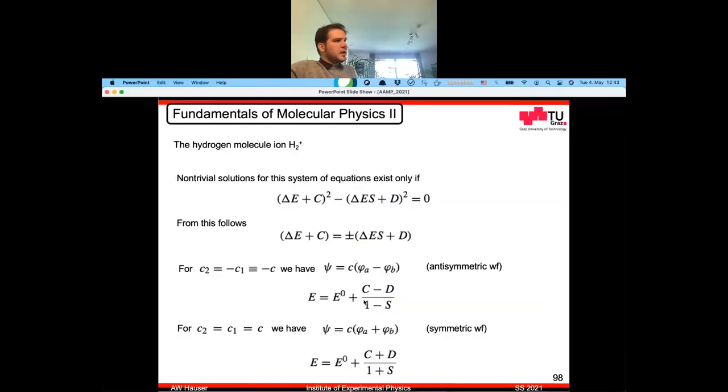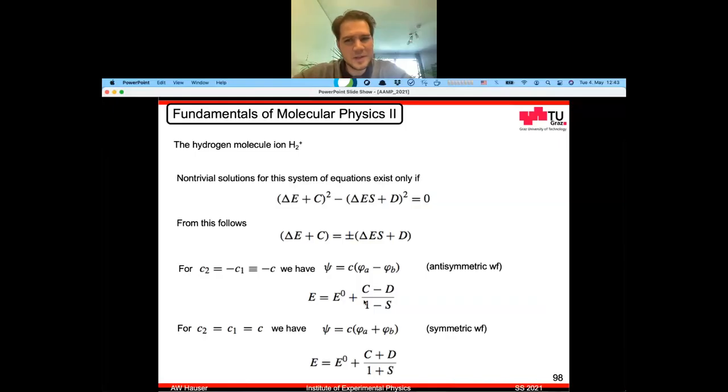So if you look at the wave function in space and you look at the value of the wave function as a function of position in space along the internuclear axis, then you see one of them looks like this. This would be then the antisymmetric wave function, and the other one would look like this. That would be the symmetric wave function.